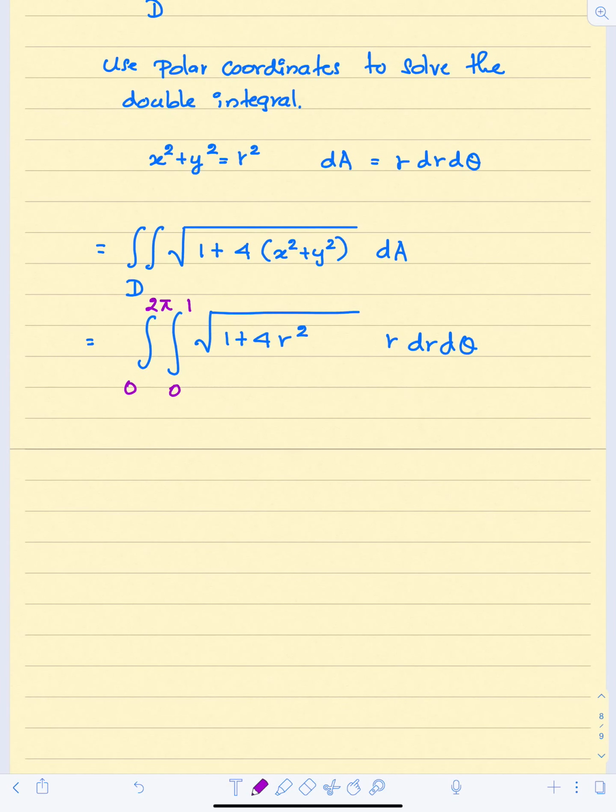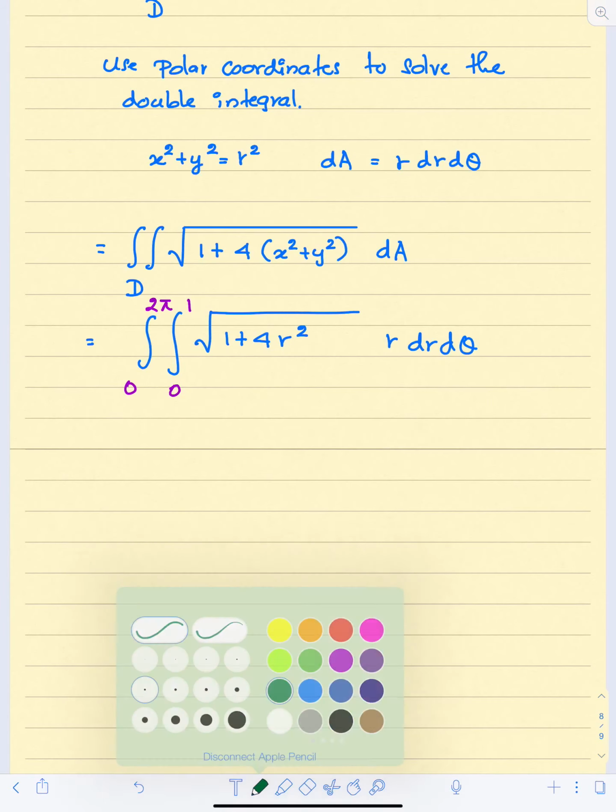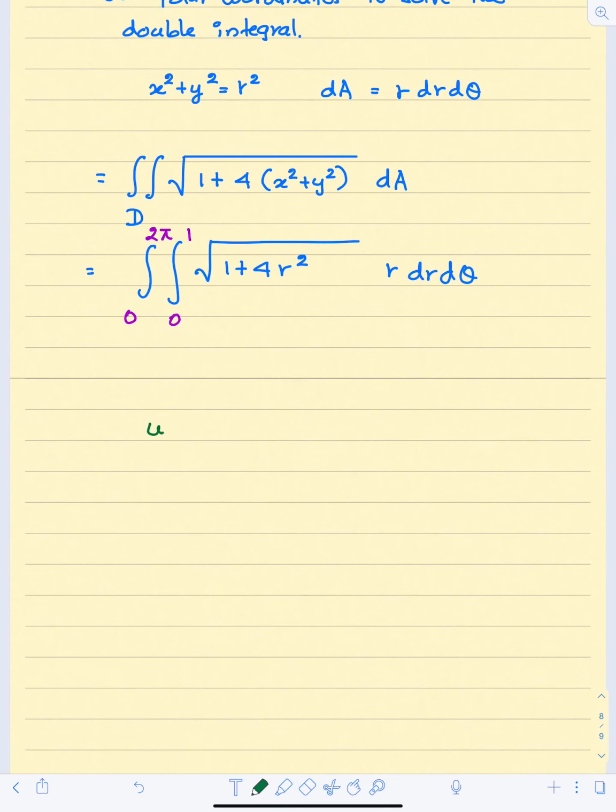Okay, now at this point, to evaluate this integral we need to use substitution. Let's take u equals 1 plus 4r squared, so that's the complex part.